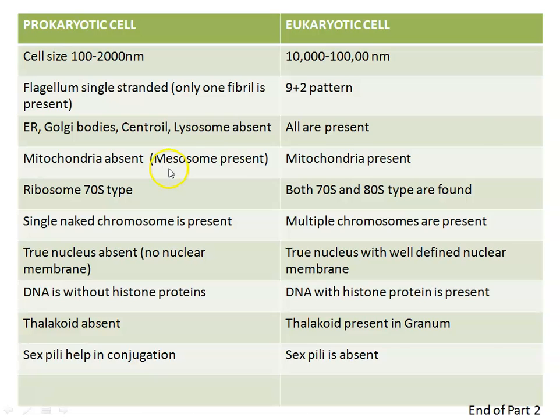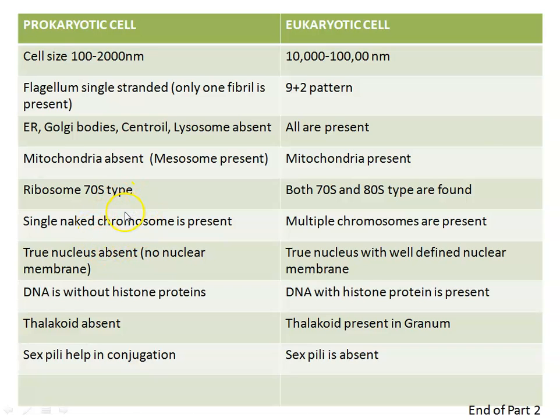However, the process of respiration is done by a specialized structure called the mesosome, which is nothing but the infolding of the inner cell membrane. The ribosome in case of prokaryotic is 70S type, while in eukaryotic both 70S type and 80S type are found. Again, I will explain what 70S type and 80S type are when we do ribosome in detail.